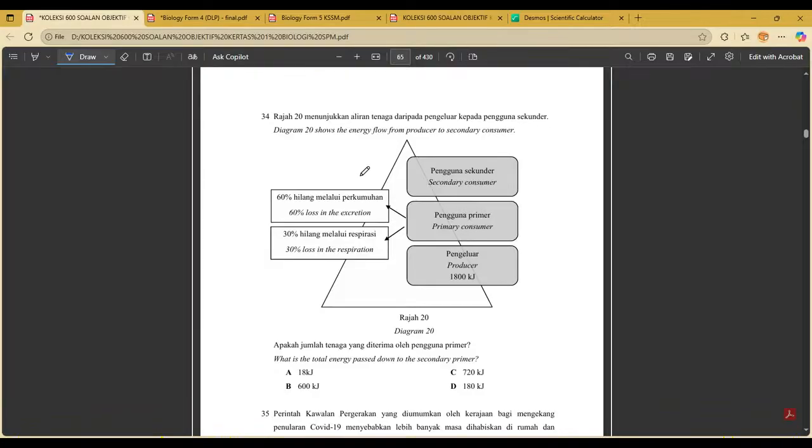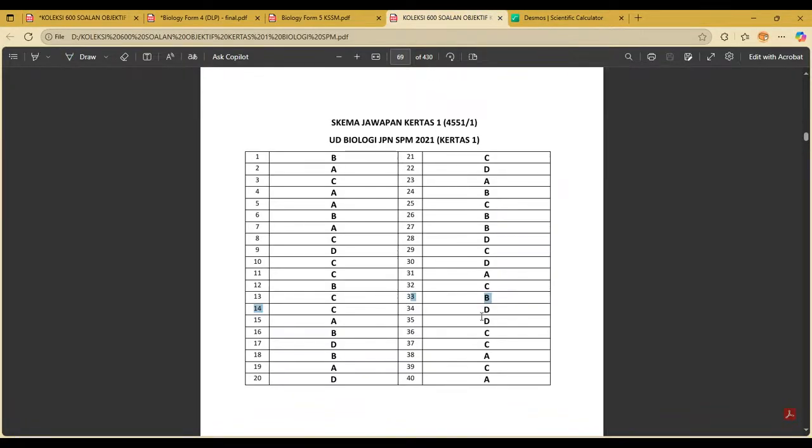Diagram 20 shows the energy flow from producer to secondary consumer. 90% loss to each level. What's the total energy? 180,000 divided by 10 divided by 10. 34 is D, right? 34 D, yeah.